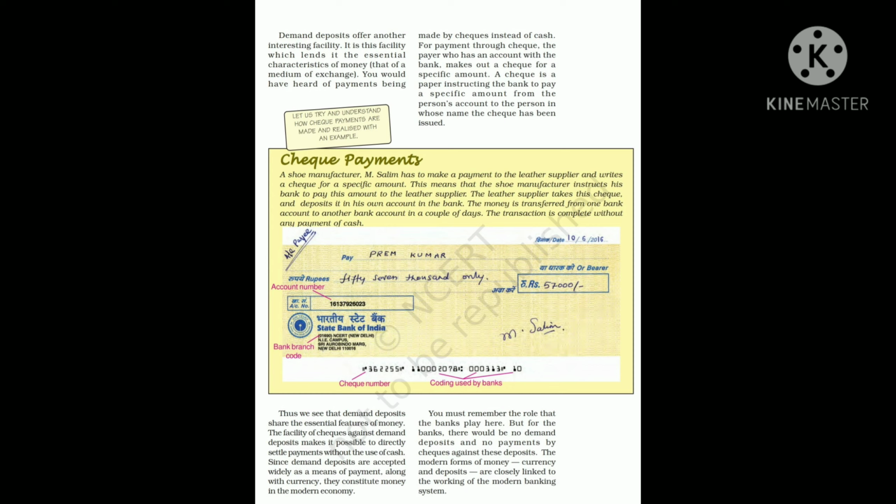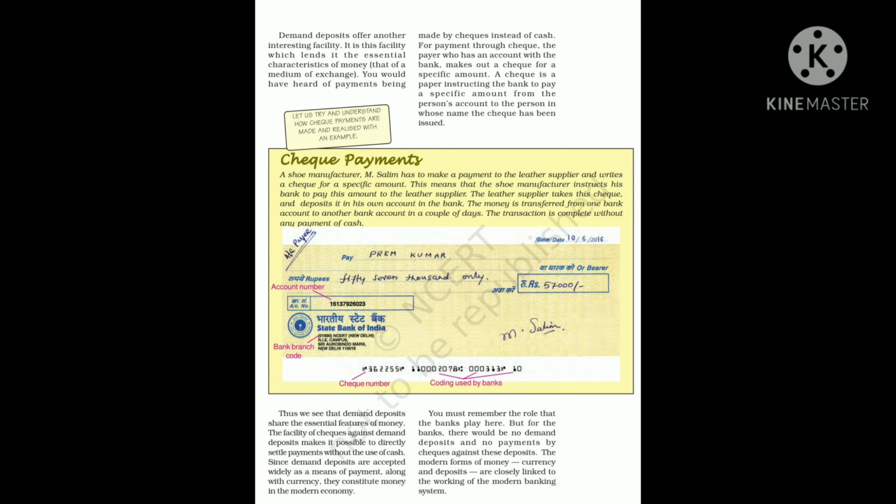Next, we have to see the modern form of money. Modern forms of money include currency, paper notes, and coins. The other form in which people hold money is as deposits with banks. Since the deposits in bank accounts can be withdrawn on demand, these deposits are called demand deposits.